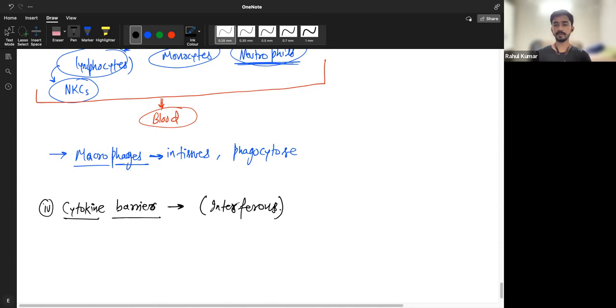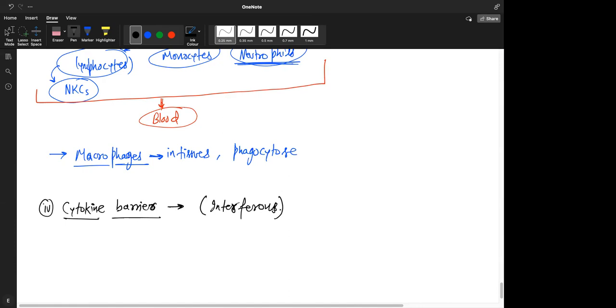Let's say somehow the viruses have entered. Now virus-infected cells start secreting, because once they are infected, they know that they are infected, right? Because the viruses start multiplying. So the infected cell knows that it is infected. Make sense? But the other cells in the vicinity do not know. Yes or no?